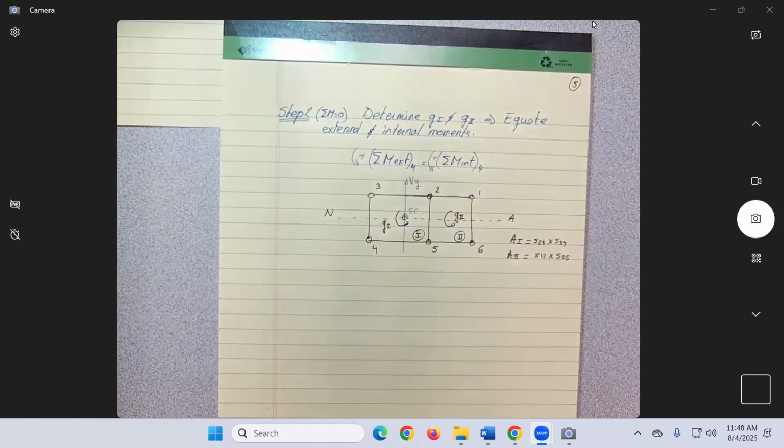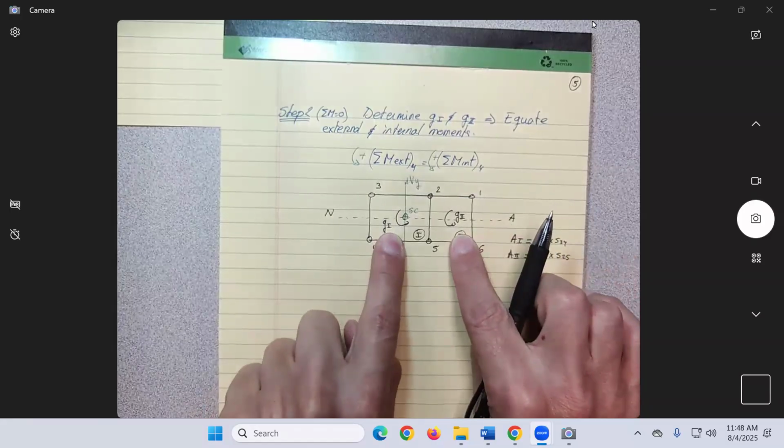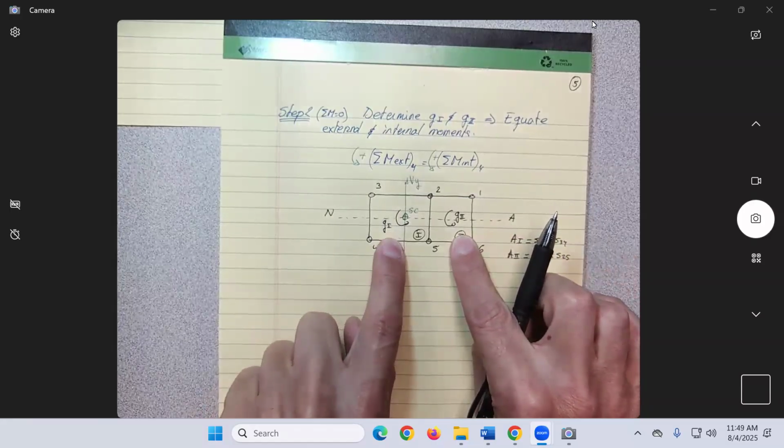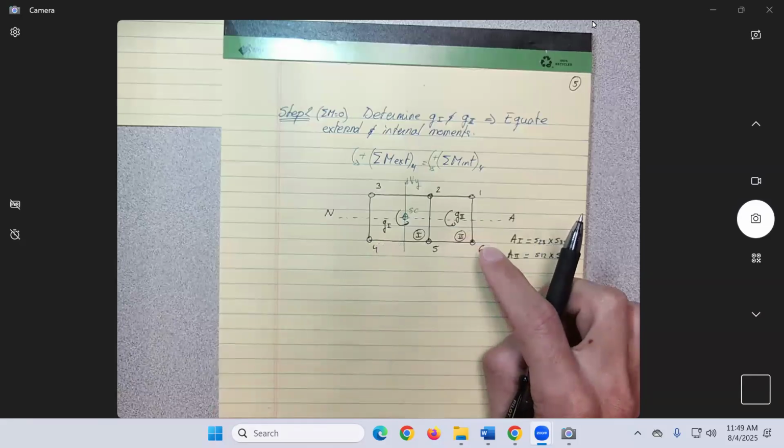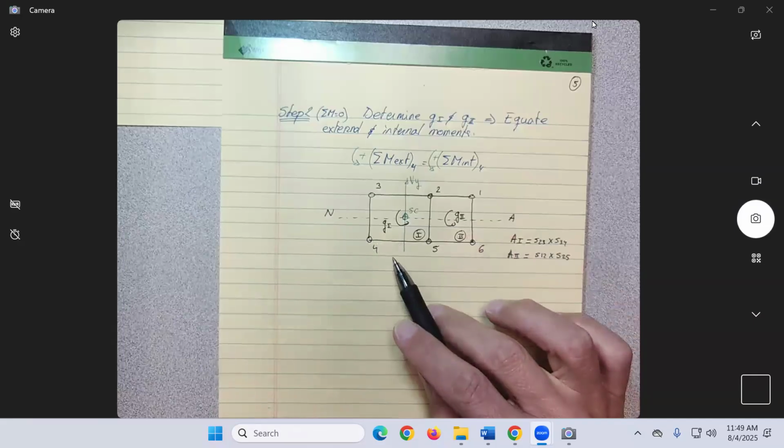Then we needed to go to step 3, which is what? Find the additional equation. In order to find the additional equation, what do we do? We say that the angle of twist of these two must be equal to each other. And that was giving us two equations in order to be able to solve for Q sub 1 and Q sub 2.